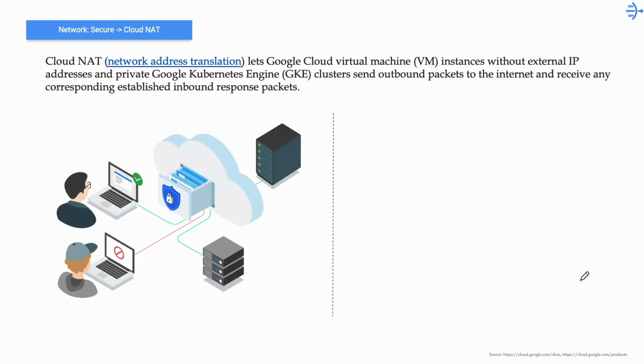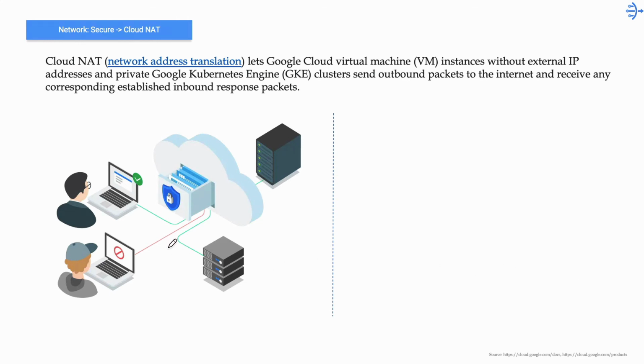With that, let's move on to Cloud NAT. So Cloud NAT, it's a network address translation, which lets VM instances without any external IP address and private Google Kubernetes Engine clusters send outbound packets to the internet and receive any corresponding established inbound response packets.